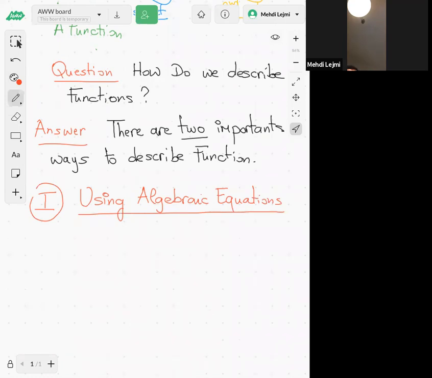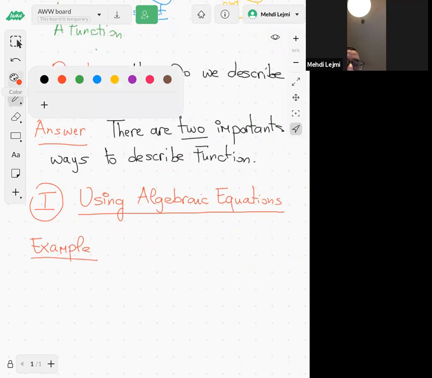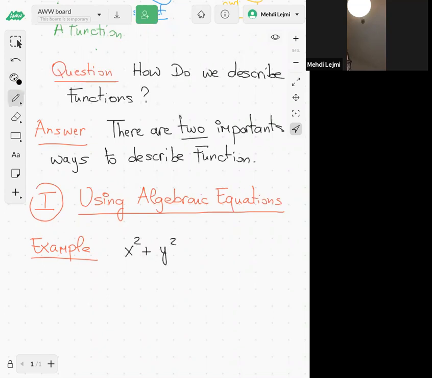So I'm gonna start with an example. I'm gonna explain with an example what I mean by algebraic equation, right? So let's say we have the following: x squared plus y squared equal to 1.